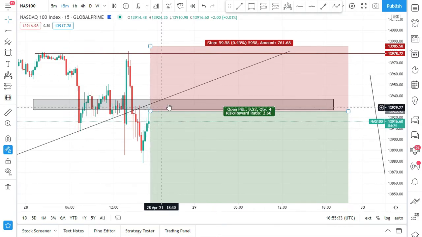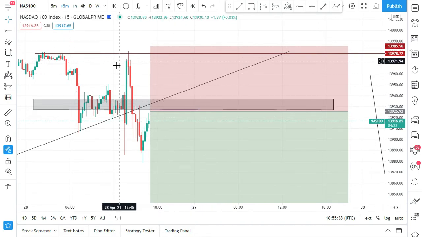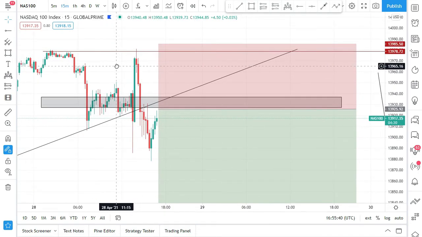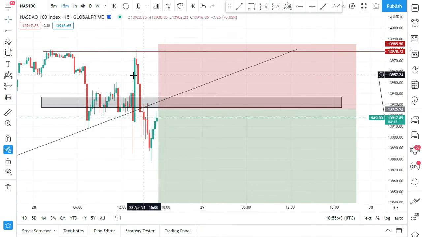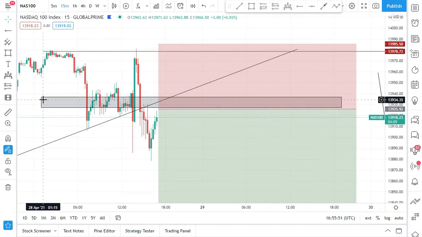And this is the widest area. Okay, yeah. Make sure you have enough capital. If you're gonna take this trade, make sure you have enough capital that's gonna be able to hold.